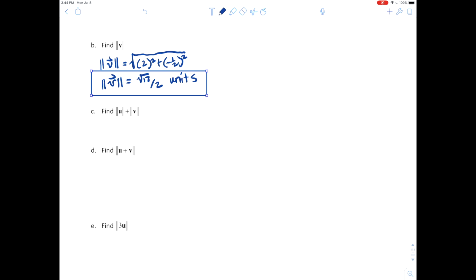Next up, okay, let's explore. What's the magnitude of u plus the magnitude of v? Well, the magnitude of u plus the magnitude of v is equal to root 5 over 2 plus root 17 over 2, which would just be what? We can bring out the 1/2, write it a little prettier, and we would get root 5 plus root 17 over 2.